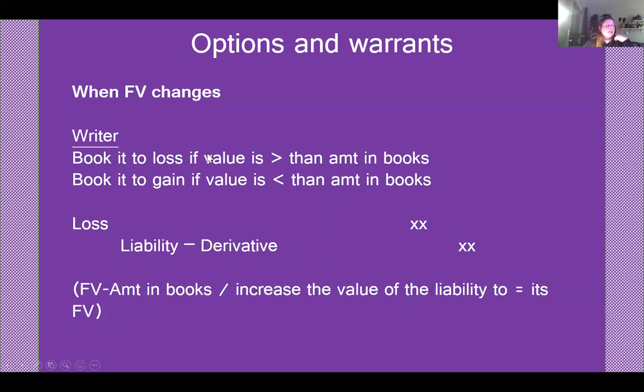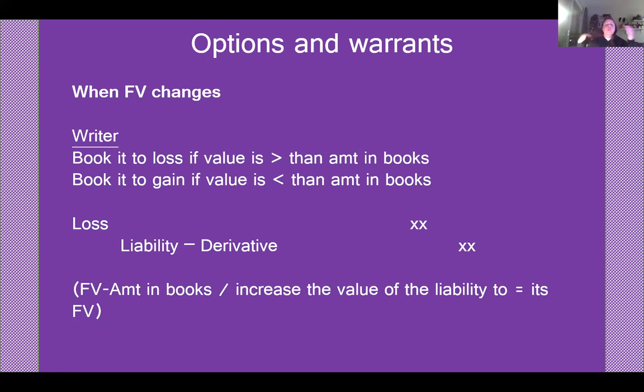For the writer, it's the same transaction, same logic, but you have to look at it on the writer side instead of the holder side. So for them, they're recording a loss if the fair value is greater than the amount in their books, because that means that they're going to have to pay more than if the market value was lower than their book value.